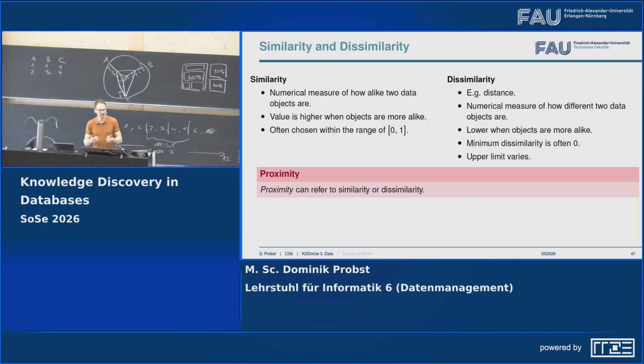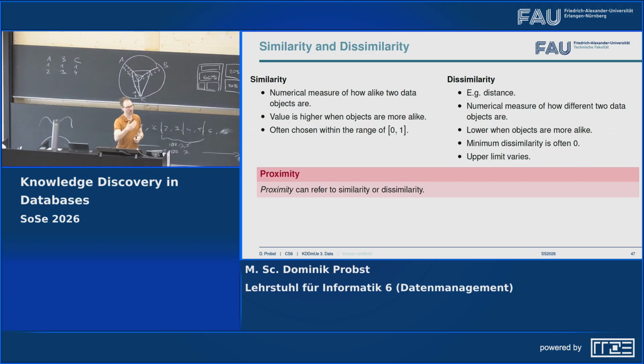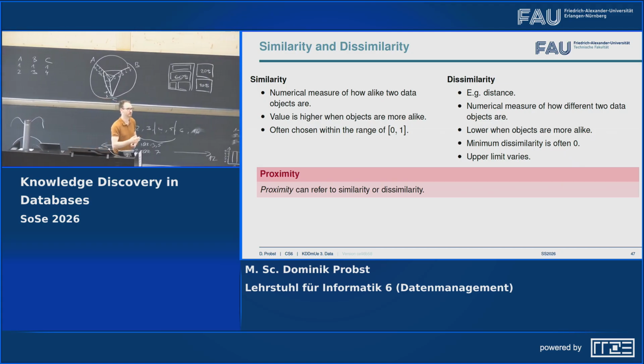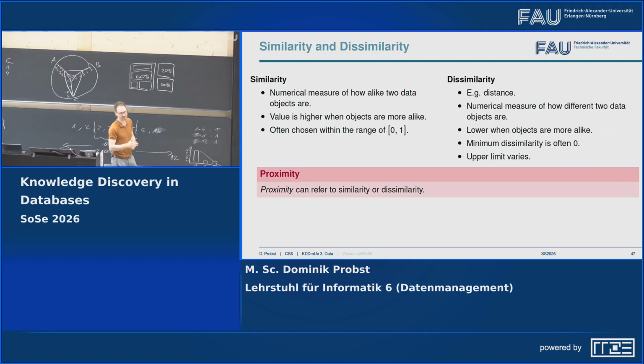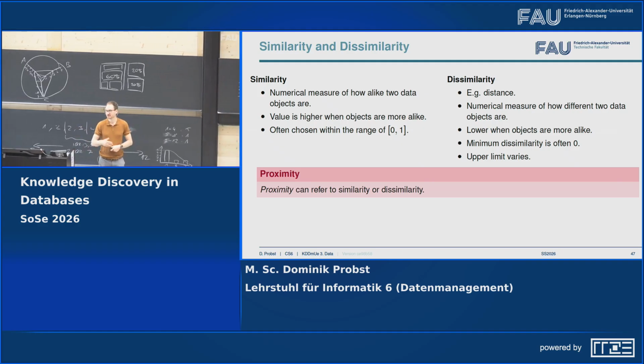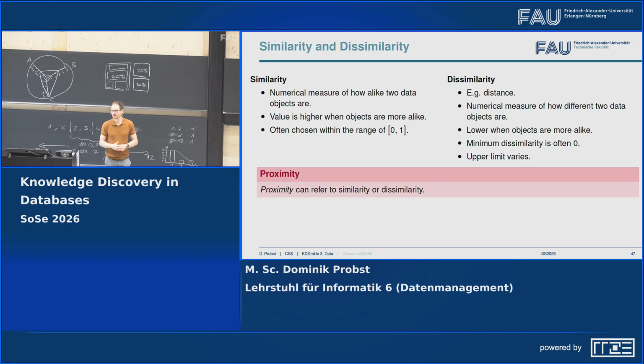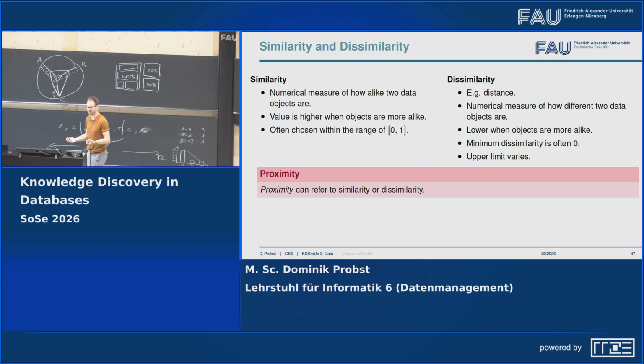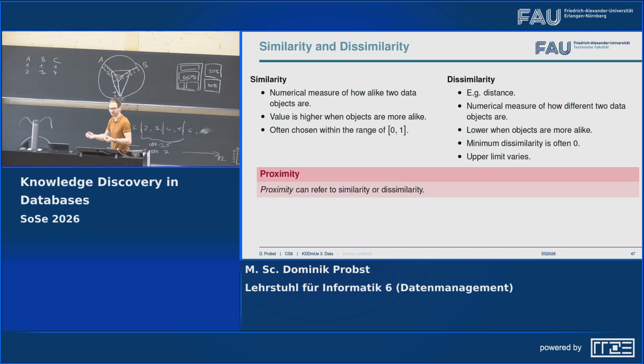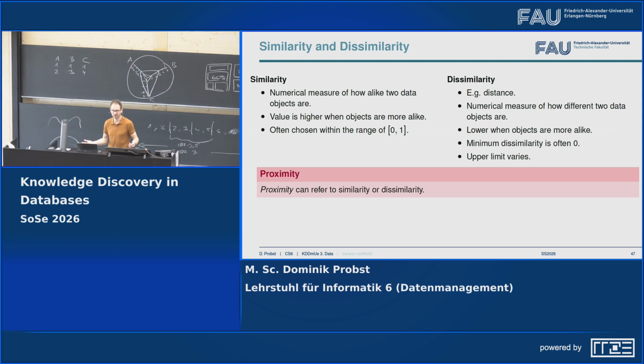A dissimilarity measure is most often also defined. Distance is, for example, a dissimilarity measure. So if we are taking a look at two cities, for example, or two locations, then distance is pretty easy to comprehend.